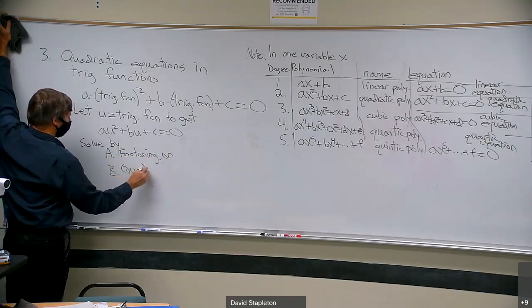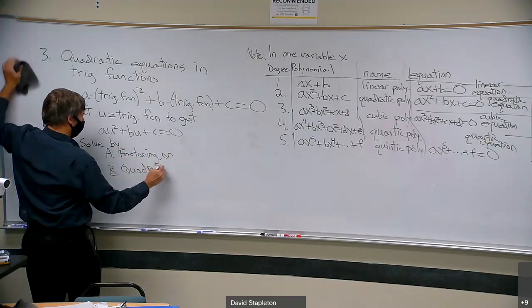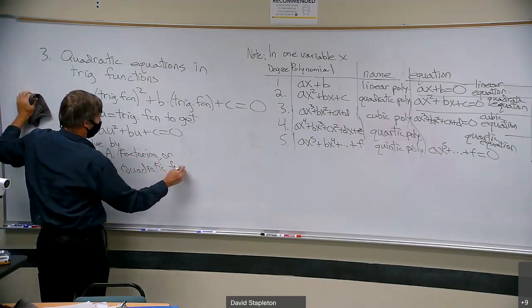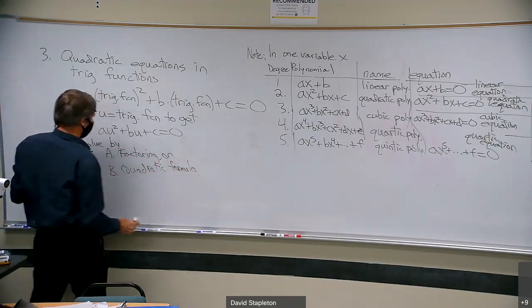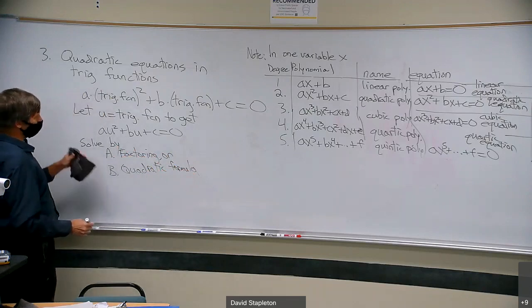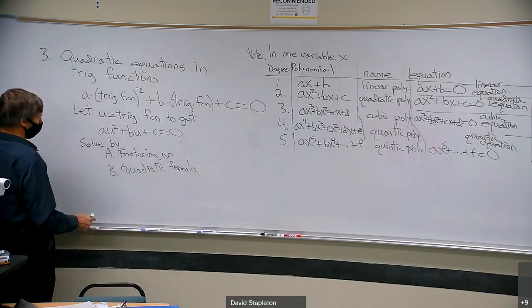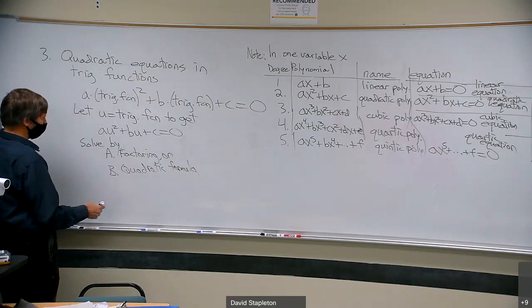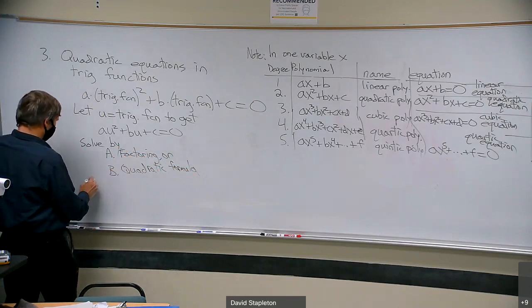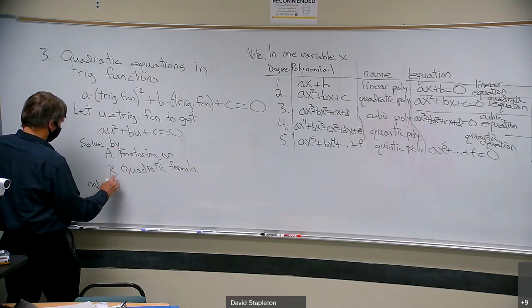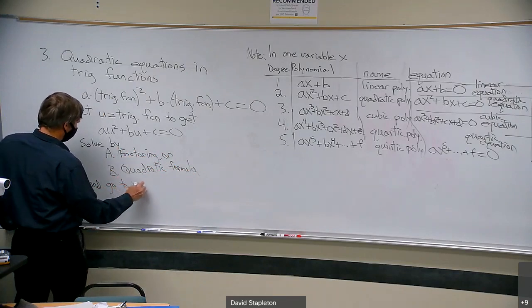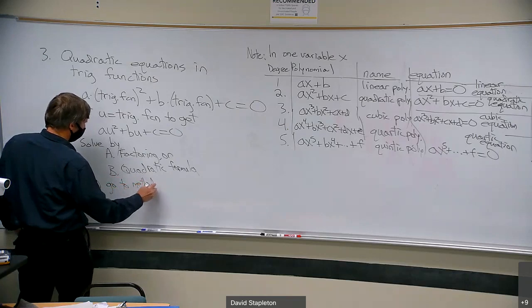That always works. It doesn't matter which one you use. You'll get a linear equation in a trig function. It might just be the trig function equal a number. And then go to method 1 or 2, because that will apply after you do this.